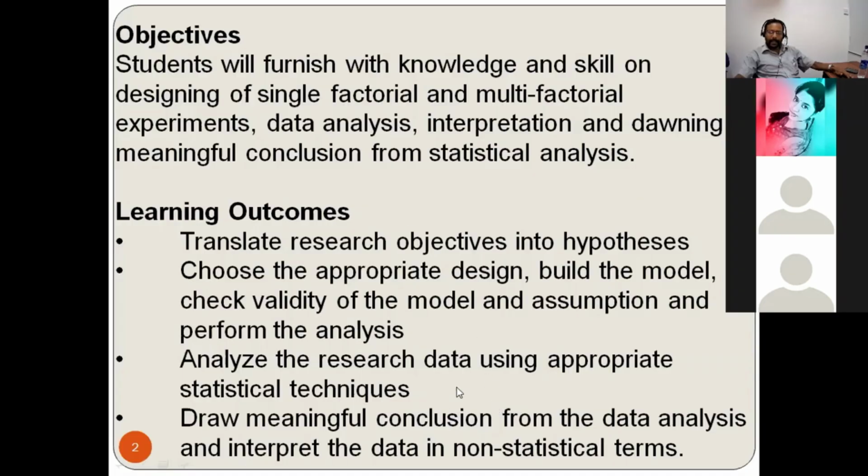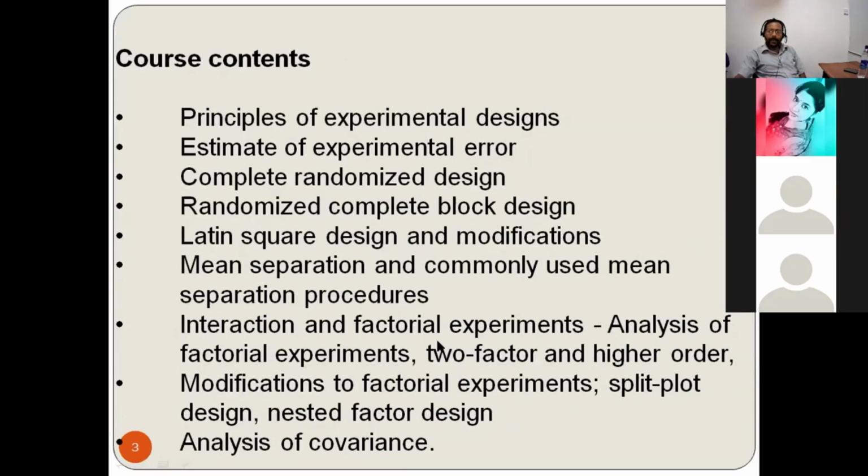So that is the overall expectation from all the students in this particular course. These are the course outlines. All this information is available in your prospectus. Principles of experimental design, very basic. Then estimate of experimental error.